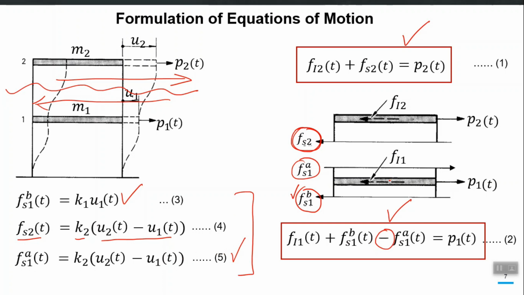Yes, you can think of it like this, that Fs1a is in the direction of P1. Actually, see those columns which are on top of M1 mass, they are not actually providing resistance against P1. The bottom story columns are actually providing resistance, right? So if for example mass M2 has a deformation U2 and the second story columns are going towards the right hand side, they will obviously want the M1 also to go on the right hand side, right?